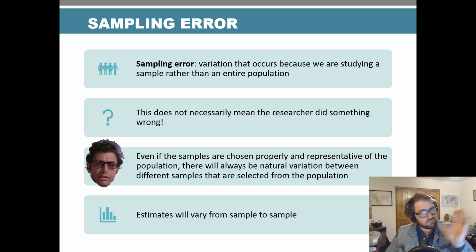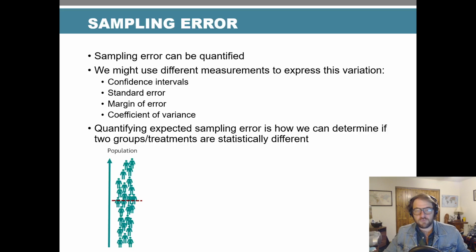It's going to be close, assuming that you've done everything correctly, like randomly sampling and pulling a representative sample. But it's just going to happen. It's there. It's expected. Estimates are going to vary from sample to sample. It's fine. In fact, we can account for it. We can quantify the sampling error.